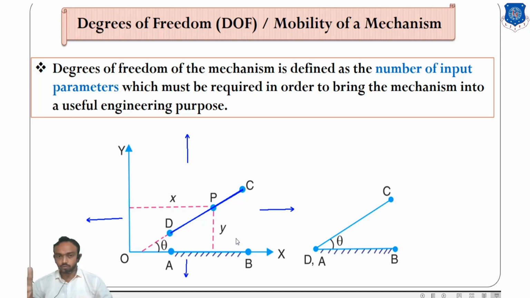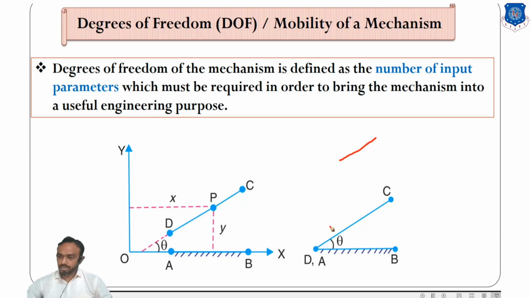So two linear motions in X and Y, and one rotary motion with respect to Z. So it can move in X, Y, or rotate in 2D space. So every link which is free in a space has 3 degrees of freedom.